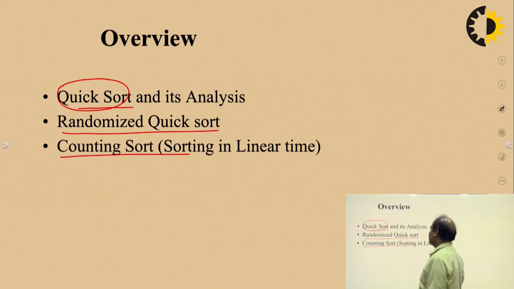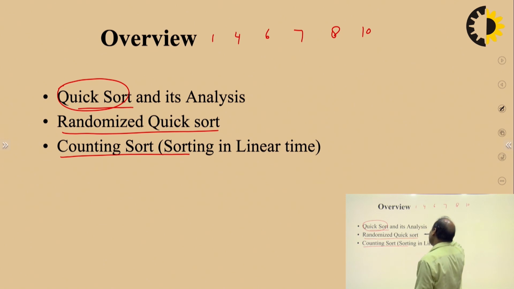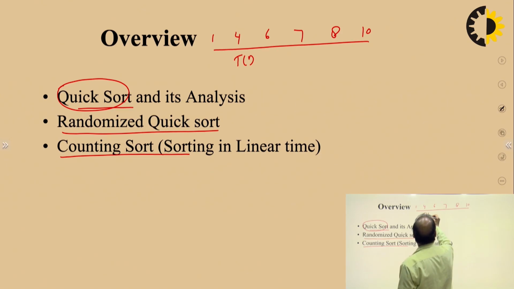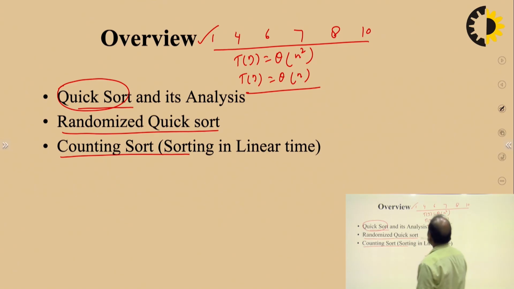We know that if elements are already in sorted order, quick sort is not a better choice for this kind of input, right? It is not better than even bubble sort, because in this situation quick sort's running time is theta n square, while insertion and bubble sort will give only theta n time. So in this type of situation, bubble sort is better than quick sort.